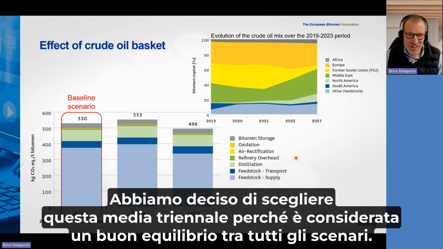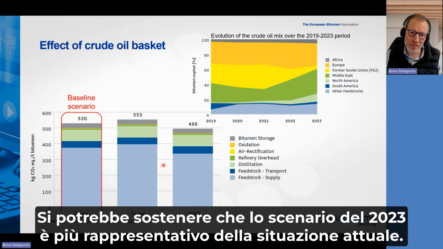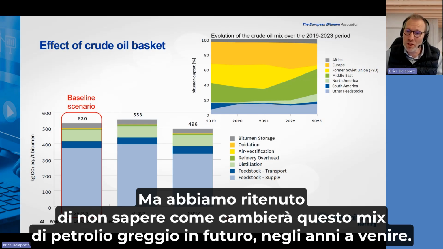But we decided to choose this 3-year averaging because it is considered a good balance between all the scenarios. You could mention that the scenario 2023 is more representative of the current situation, but we consider that we don't know how this crude oil mix will change in the future, in the coming years.